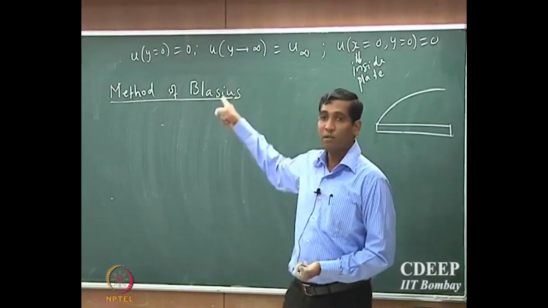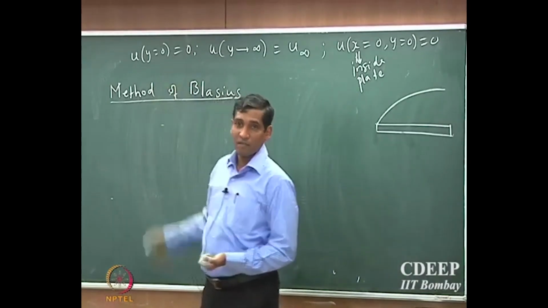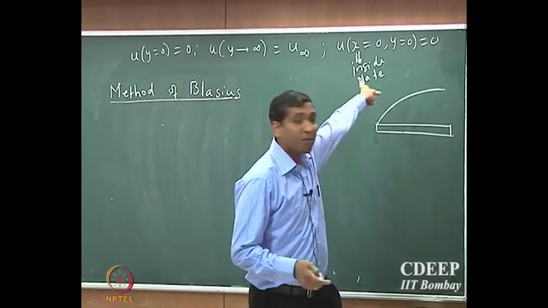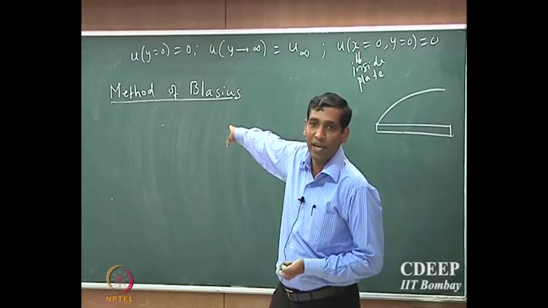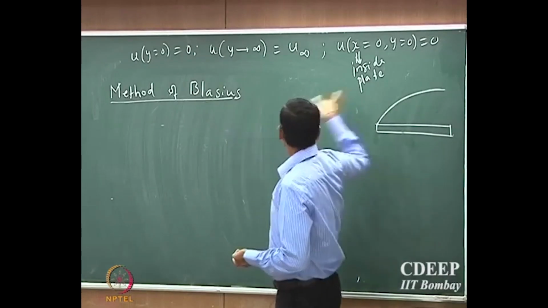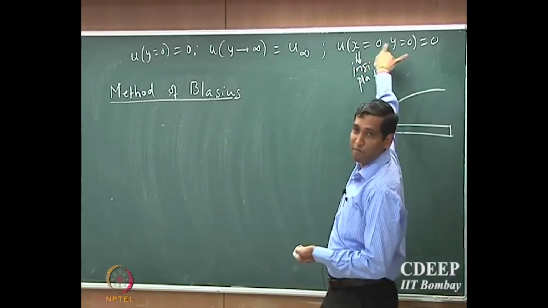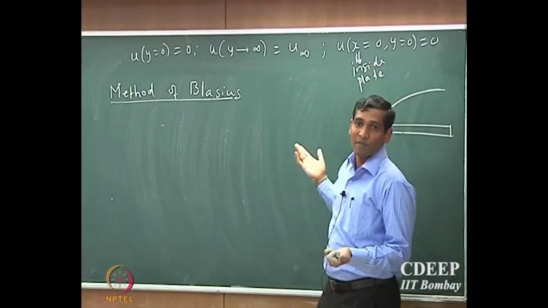The first one does not include x, this is 0 at any x, but it is important to provide this boundary condition. You will see, because some of the transformations you make in this Blasius solution, you will actually see that it will account for both simultaneously. It is important to observe that this particular condition exists, that is all.